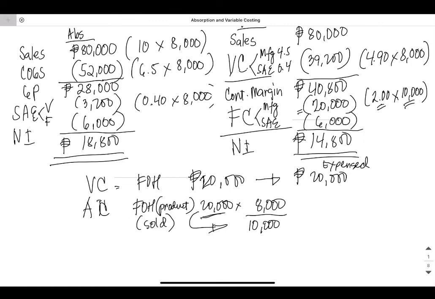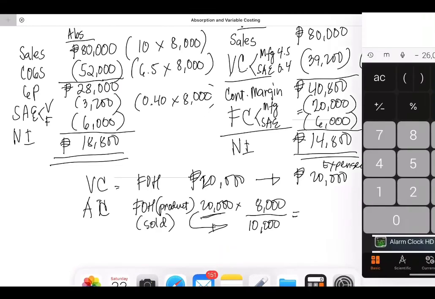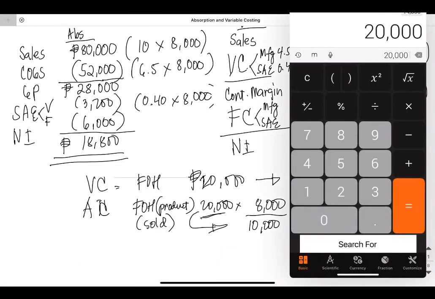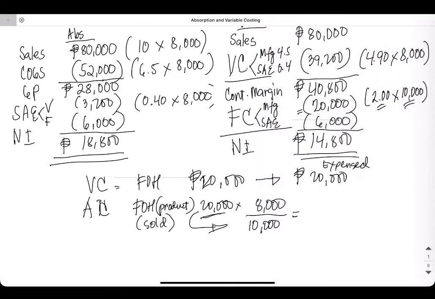That's why the fixed overhead cost that will be reported in the income statement amounted to how much? 20,000 times 8 over 10. So that gives us 16,000 pesos only. So ito yung part ng cost of goods sold, included here is your fixed overhead cost, yung 2.